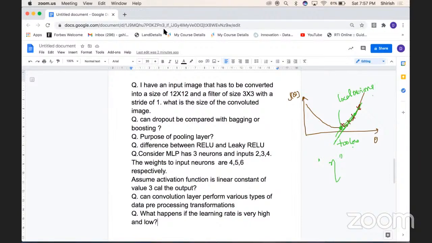We see a divergent behavior in the loss function, due to drastic updates in the weights. If you take the same graph, maybe the weight started here, it would touch here, again it would touch here.